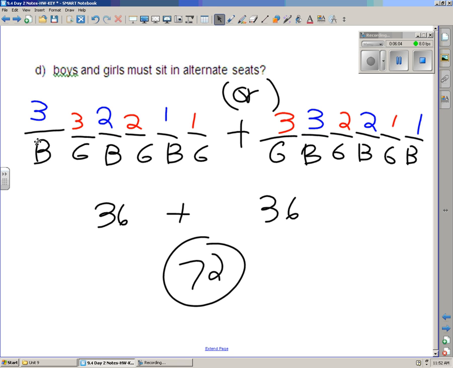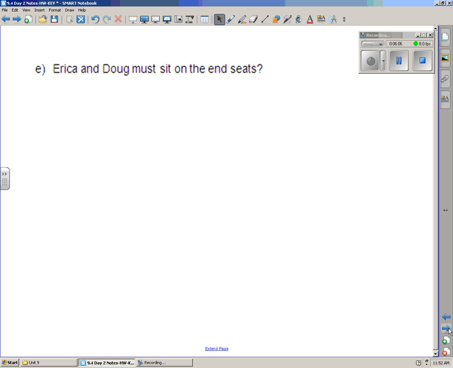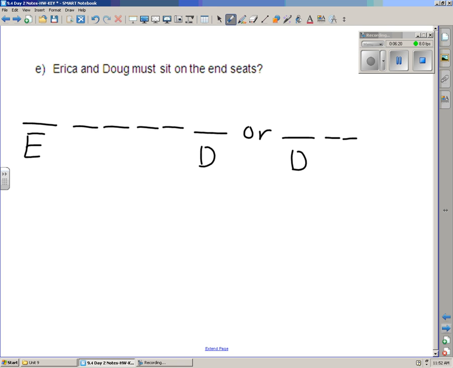Okay, let's try the last scenario. Erica and Doug must sit on the ends. It doesn't tell you how it has to be, but it's going to be either Erica and Doug, or Doug and Erica. There is only 1 Erica and 1 Doug. That's 2 kids.